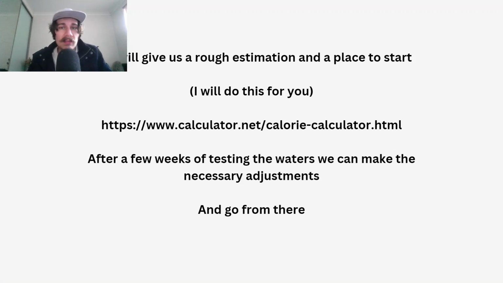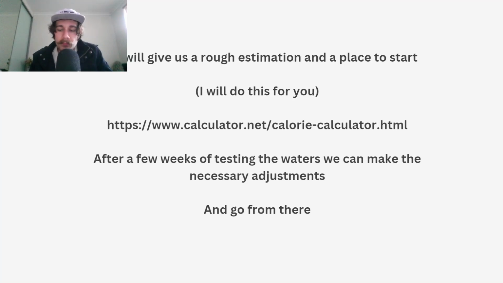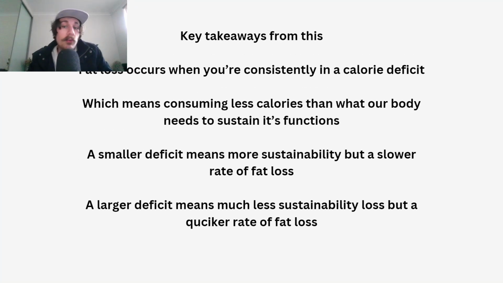So in most cases, after a week or two of coaching, we'll get straight into that deficit. But the only true way to work out your maintenance is through trial and error and going from there. So the key takeaways from this presentation.